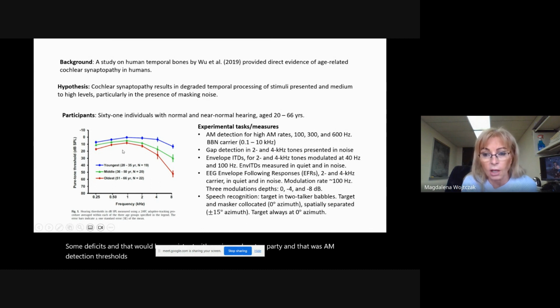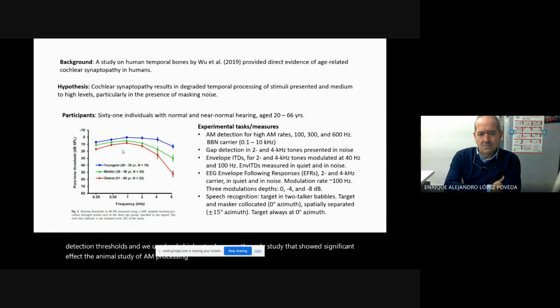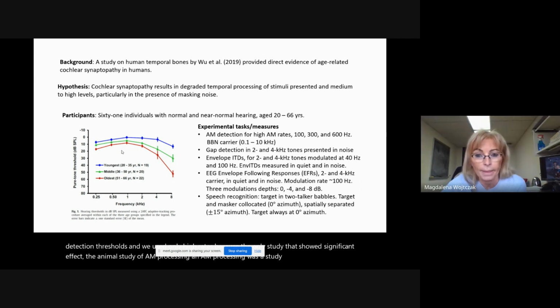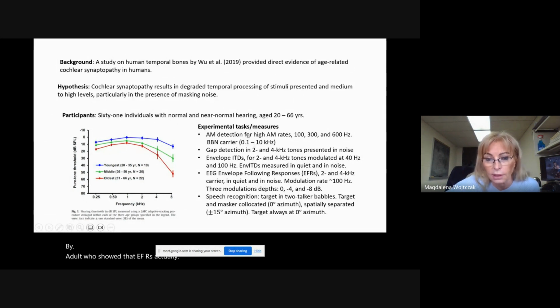And we used only high rates because the only study that showed a significant effect in animal studies of AM processing was a study by Shaheen et al., who showed that EFRs are reduced in mice with cochlear synaptopathy, but only at modulation frequencies of 500 hertz and above.